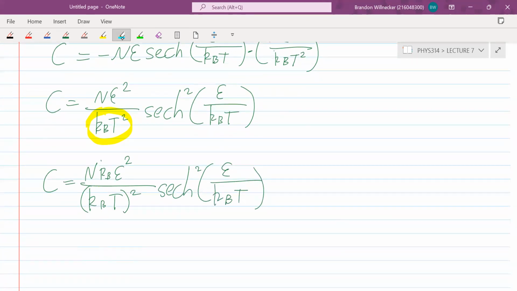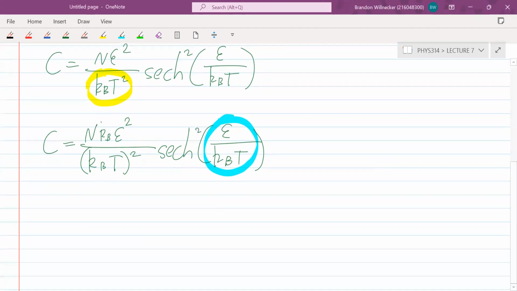Now the next thing to notice is that epsilon is always being divided by kBT. Because we've got this energy term at the top, energy term at the bottom, they cancel to give something that's unitless. It's like having a length divided by a length, which has no units at the end. So for this prefactor, we've got epsilon squared at the top, kBT, all of that squared at the bottom.